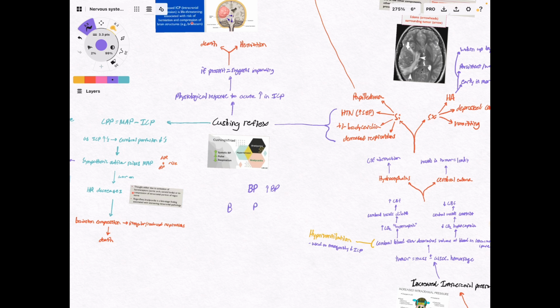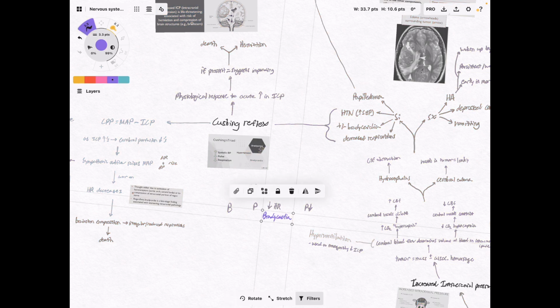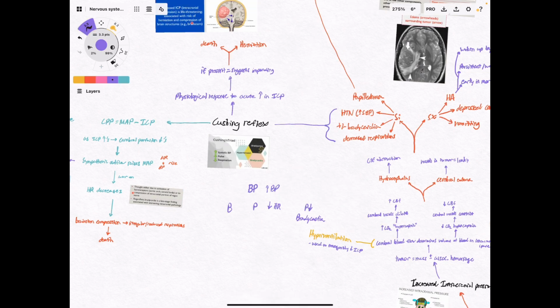Now when you separate the B and the P, it's going to be decreased heart rate, so bradycardia, and then decreased P. Sorry. So bradycardia is going to go over the P because that's going to be decreased pulse.